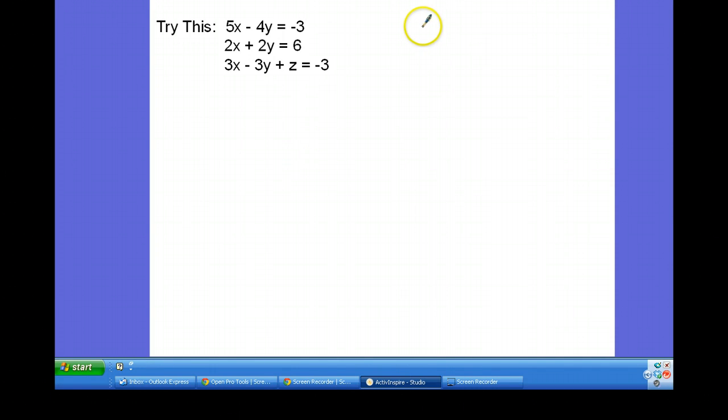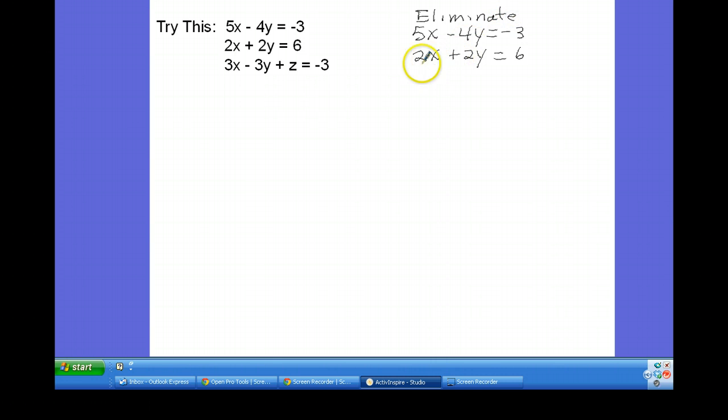Okay, well, let's go ahead and work this one. Take the two 2's, or write them down, 5x minus 4y equals negative 3, and 2x plus 2y equals 6. And eliminate something. What will we eliminate here?